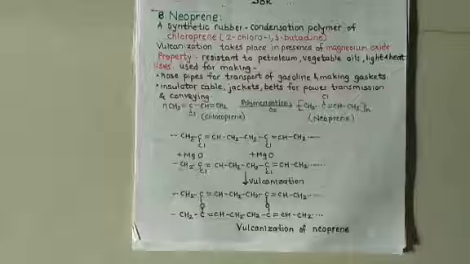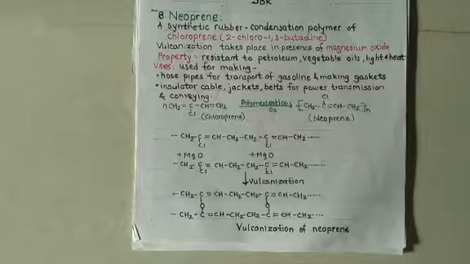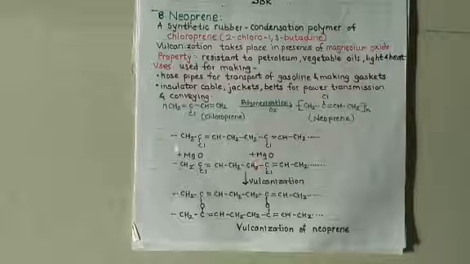It also undergoes the vulcanization process. In the vulcanization process, we get such a structure. Vulcanization takes place in the presence of magnesium. So this neoprene chain, CH2, CCl, CH=CH2, combines with MgO, magnesium oxide, vulcanization takes place and we get the vulcanized neoprene.